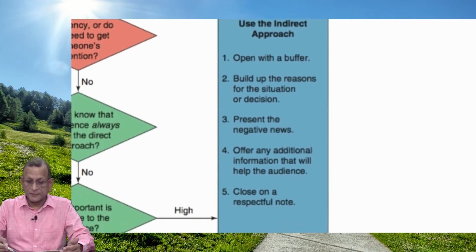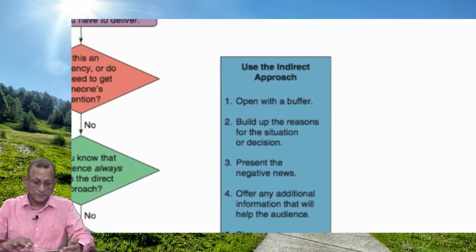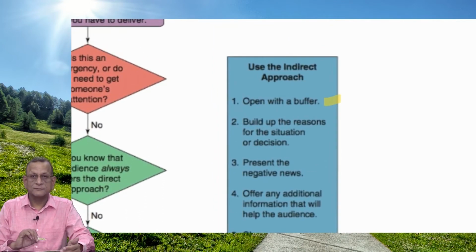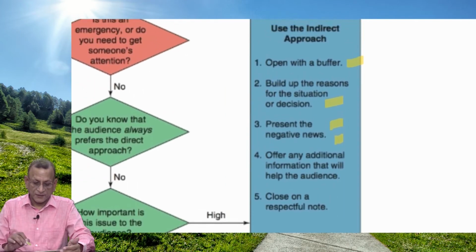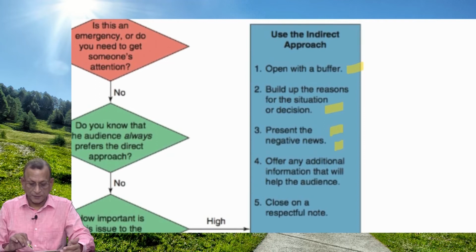And what may be this indirect approach? So in the case of this indirect approach, open with a buffer, build up the reasons for the situation or decision, present the negative news, offer any additional information that will help the audience, and finally close on a respectful note.